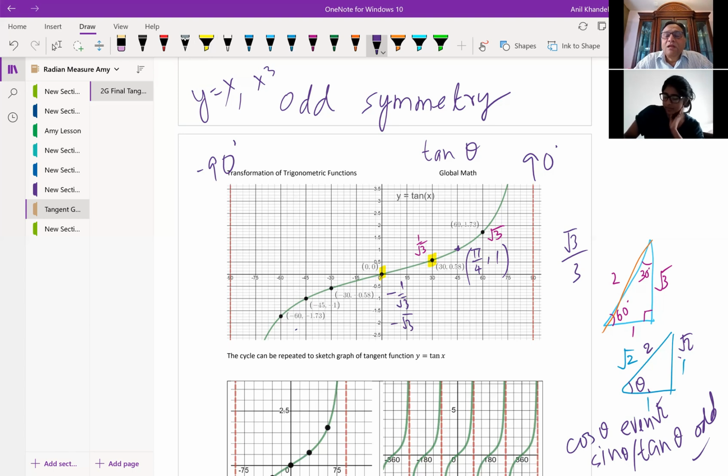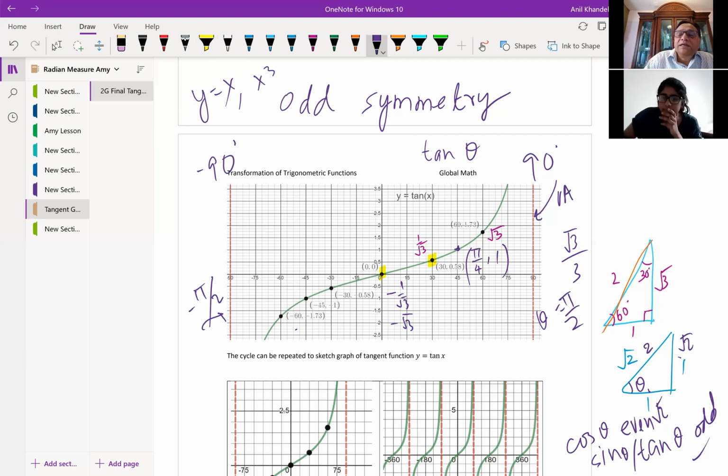So as you can see, now let's get back to 90. At 90, when we draw the triangle, the adjacent side is 0. You're dividing by 0, which is not possible. What you get is a vertical asymptote. So this is your vertical asymptote, at theta equals pi by 2, because we are putting theta on the x-axis. Even for minus pi by 2, it is going to be a vertical asymptote, correct?